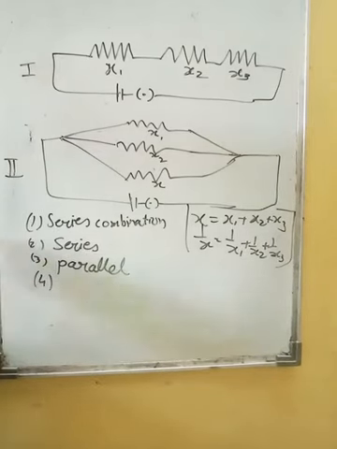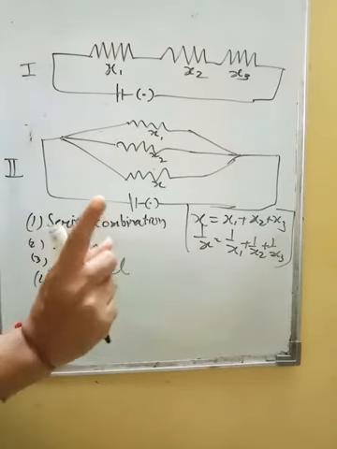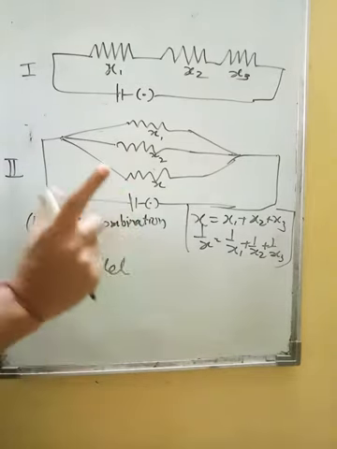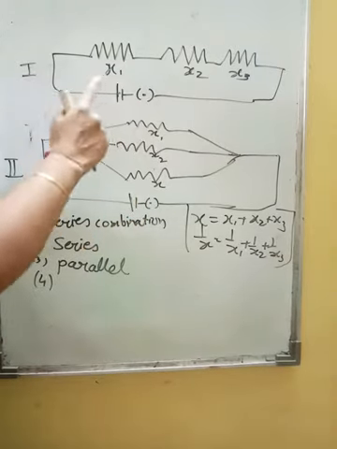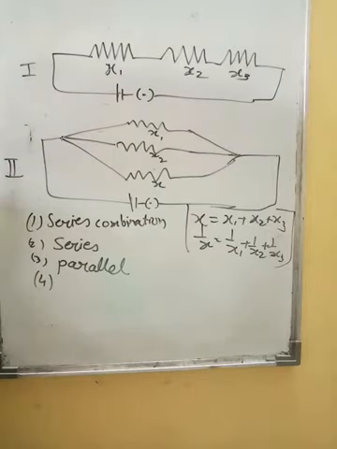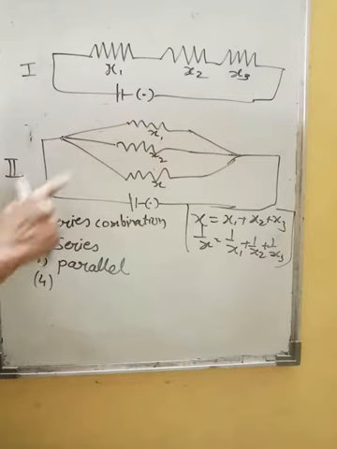Fourth one, the potential difference across x1, x2, x3 is the same. Voltage, that is potential difference is same. किसके अंदर potential difference same होता है? Series and parallel, both the things are there. This and this both are there. What do you think?